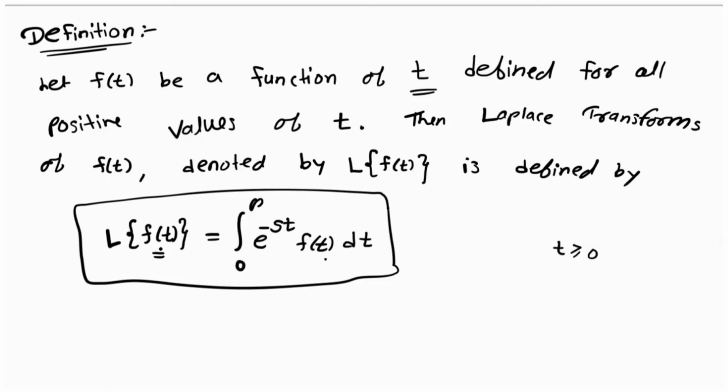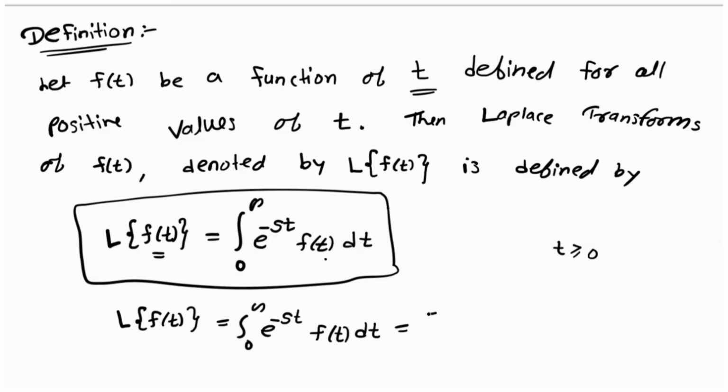Now this f of t is the inverse Laplace transform of F of s. Here when we apply the Laplace transformation on function f of t, this is nothing but this integration, and this integral 0 to infinity, if we integrate this term with respect to t and put the upper limit and lower limit in t, you will get the complete answer in the form of s.